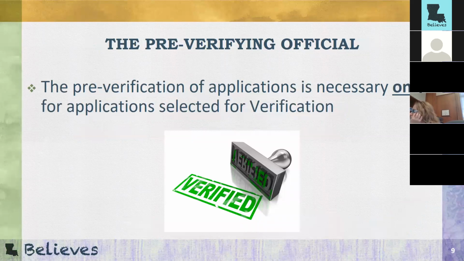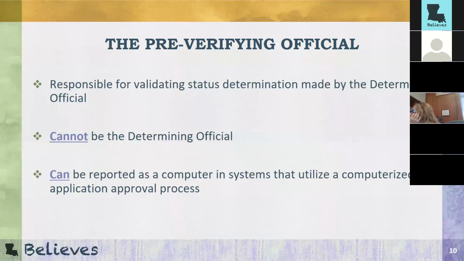Next, we will talk about the pre-verifying official. The pre-verifying or confirming official will only verify applications that are selected for verification. They do not need to confirm the status eligibility of all applications as the determining official does. When applications are pulled for verification, the pre-verifying official will first check the application to confirm that the status has appropriately been determined.